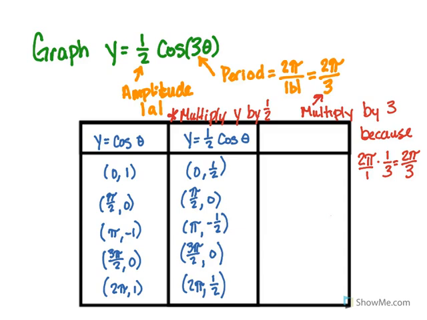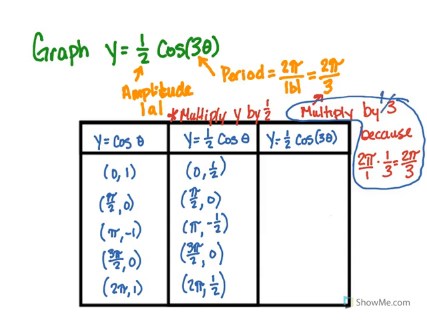Now we need to add in our period. So this is going to be the final graph. This is going to be our final function for this graph. So we're going to have y equals 1/2 times the cosine of 3 theta. Now we said right here that we have to multiply by 1/3, because 1/3 times 2 pi is 2 pi over 3.